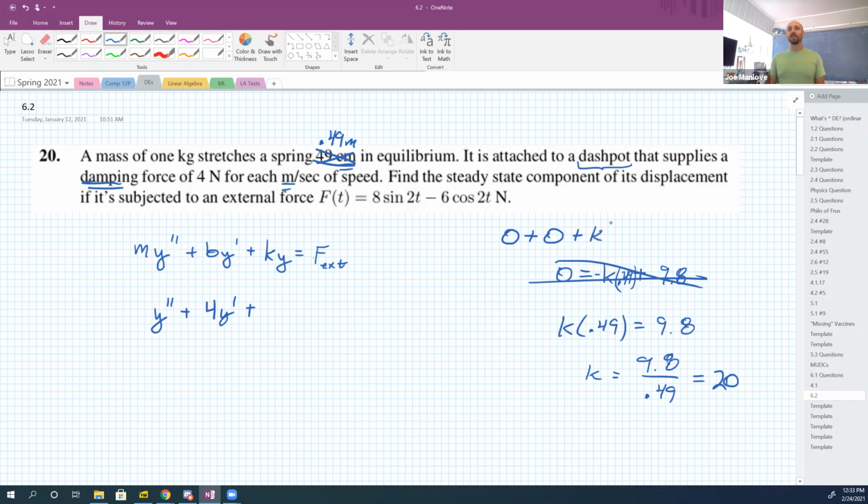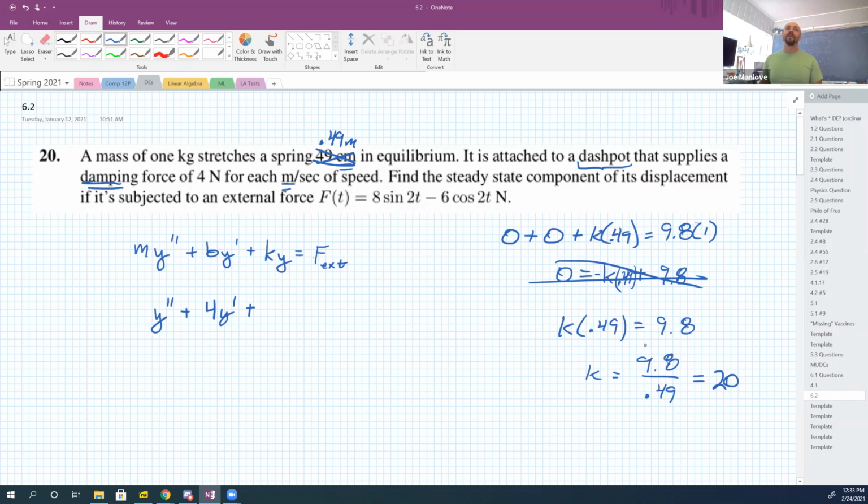We have our constant and our 0.49, and that's going to equal out the force of gravity, because the right side is mass times acceleration, and mass is 1. Yes, the right side is mass times acceleration.